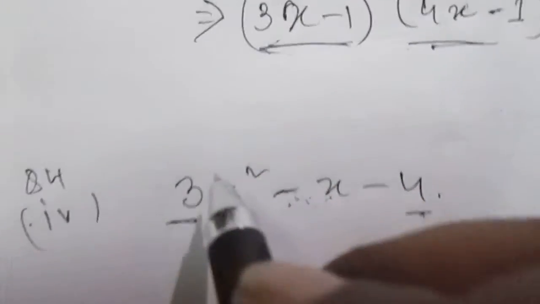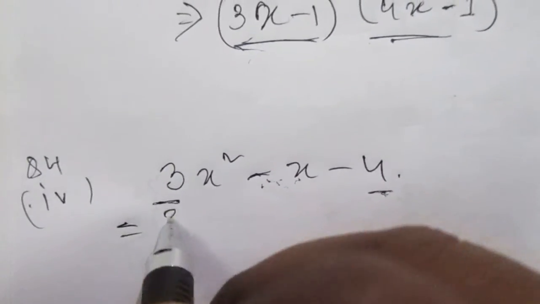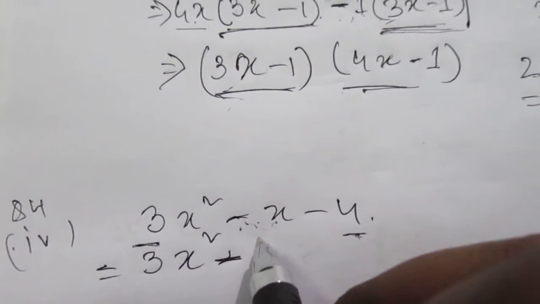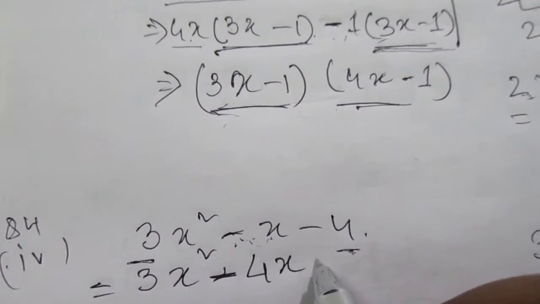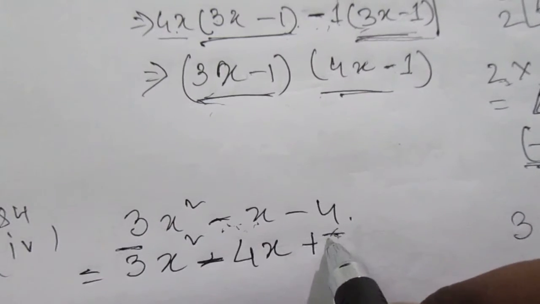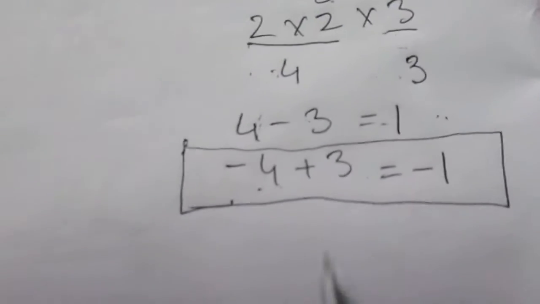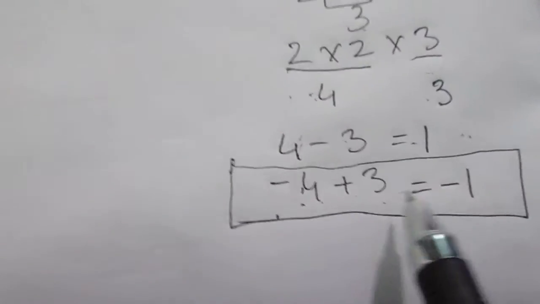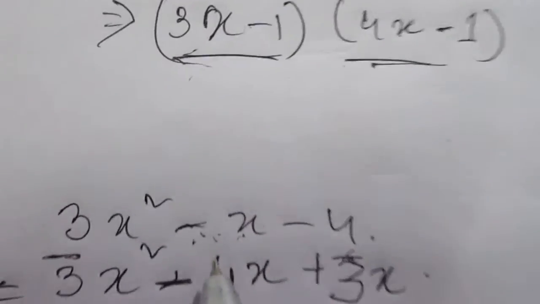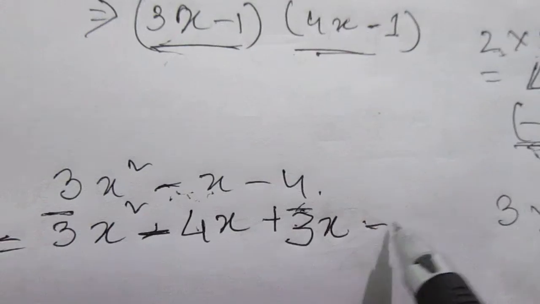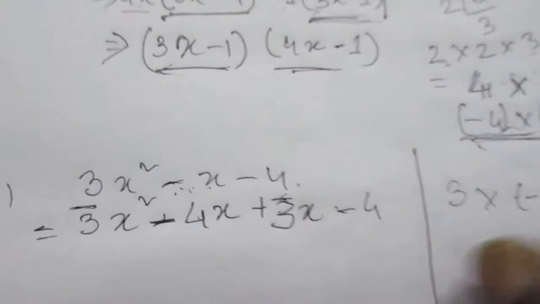So let us do it here. 3x square can be written as 3x square minus 4x plus 3x. See here, minus 4 and plus 3. So I have written minus 4x plus 3x, and the constant term is minus 4. This is the rough work.